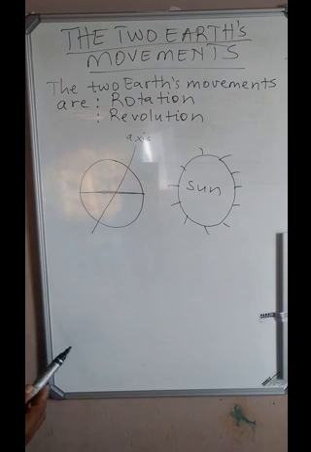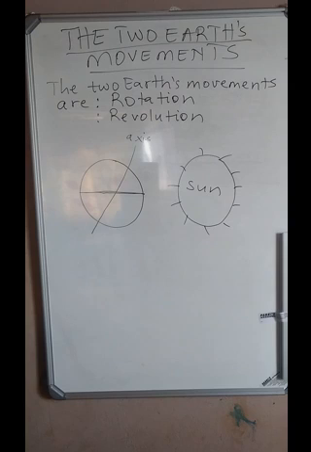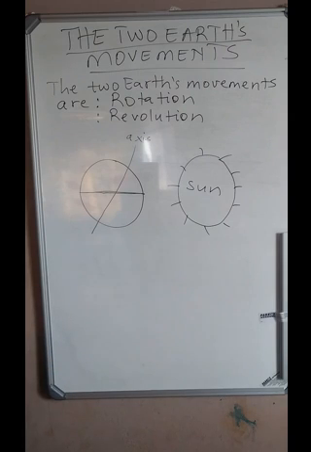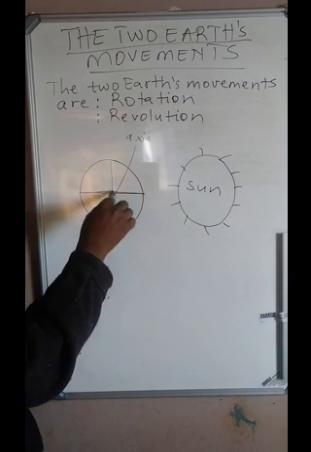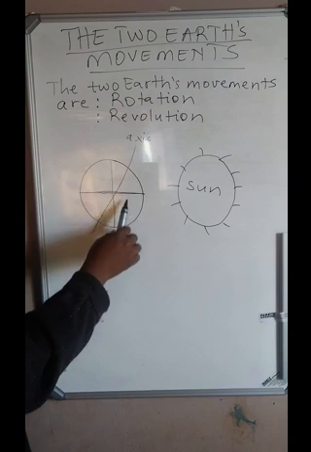So when you look at the position of the sun, it cannot give light and heat to the entire earth at the same time. Sometimes in other places on earth they are having daylight, while in other places it's night. How does that happen? When we look at this diagram, the part of the earth that is facing the sun is this part.